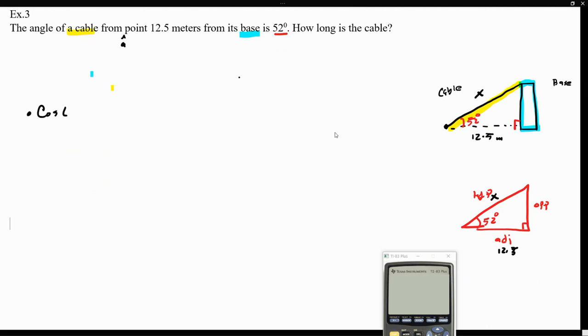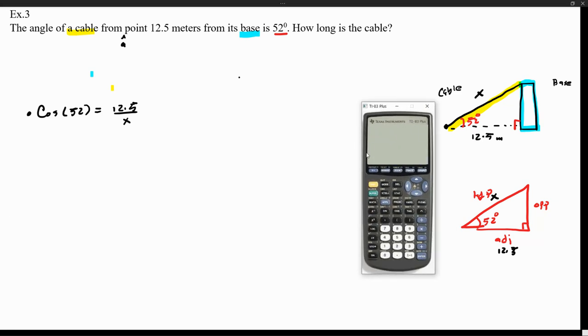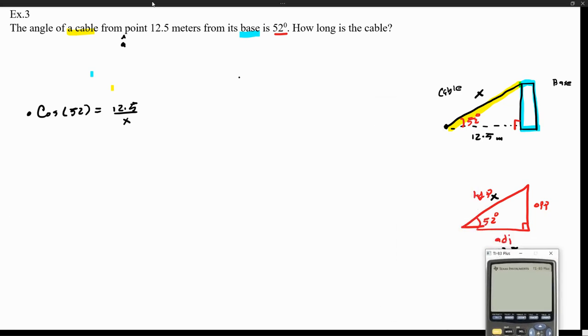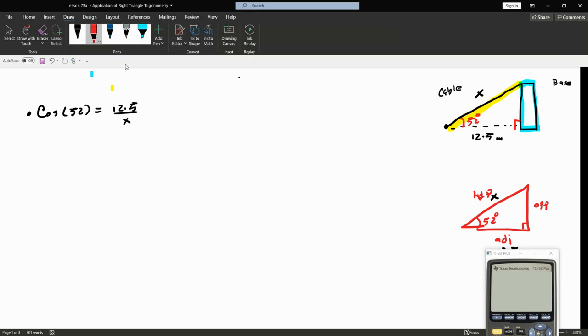So let's state it. The cosine of 52, cosine is defined as adjacent over hypotenuse, where adjacent is 12.5 and the hypotenuse is what we're looking for. Now that we have this set up properly, we just have to solve for x. So how are we going to go about it? Let's multiply x to both sides.